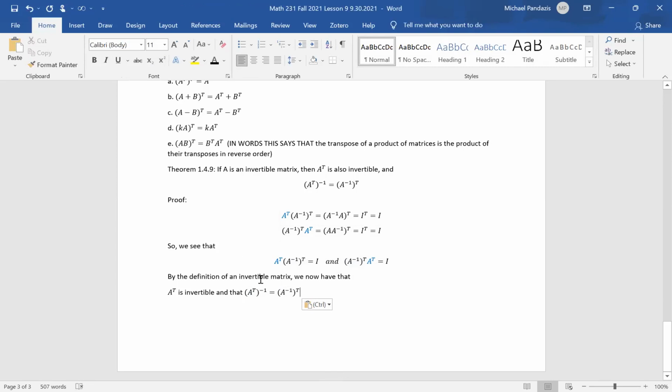A inverse transpose. So A inverse transpose, this thing, has to be the inverse of A transpose. So the inverse of A transpose equals A inverse transpose. And so that's what we just proved. And so we're done.